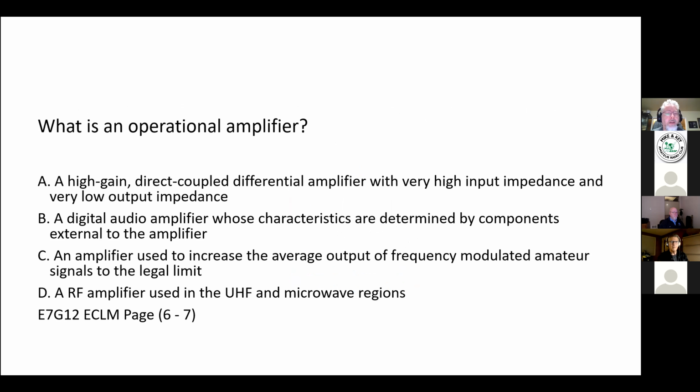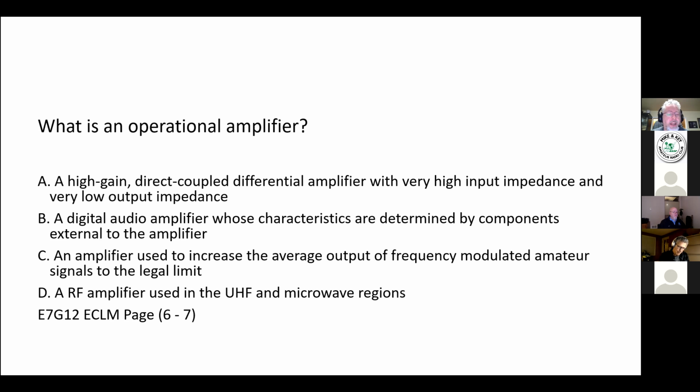What is an operational amplifier? A, a high gain direct coupled differential amplifier with a very high input impedance and a very low output impedance. B, a digital audio amplifier whose characteristics are determined by components external to the amplifier.